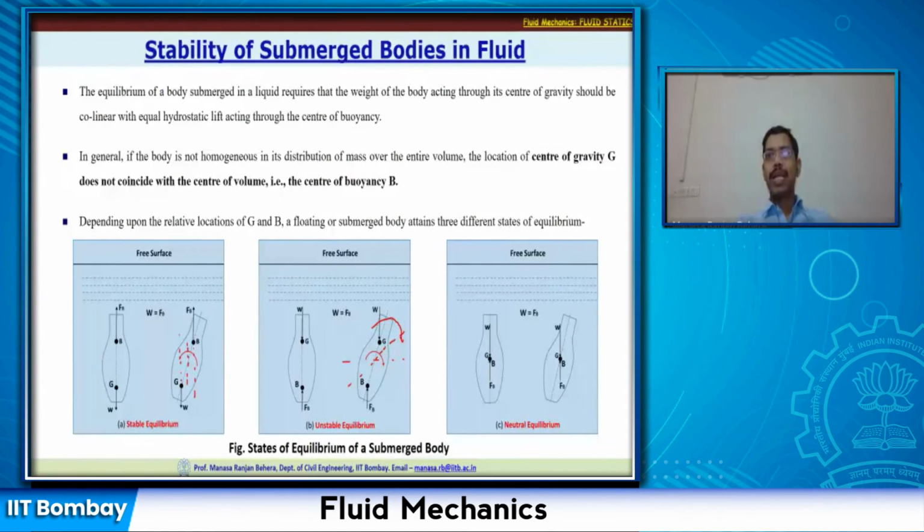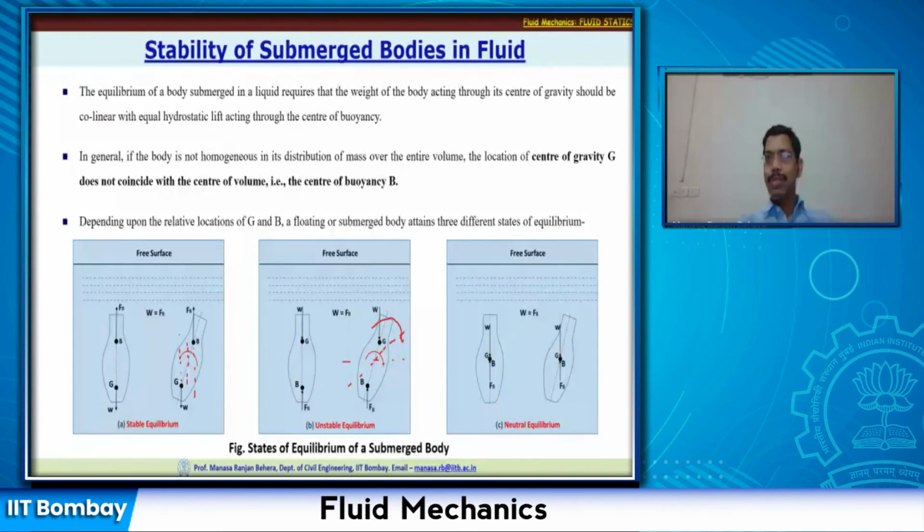Now there is another condition which is called neutral equilibrium. Now let us say that gravity and buoyancy both are acting at the same point, or G and B coincide at the same point. So what will happen? There is no moment due to these forces, whatever position it may take. So you may change or rotate this body to some extent.